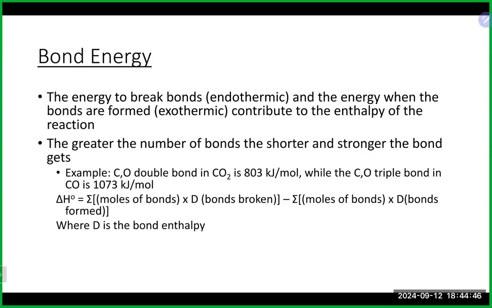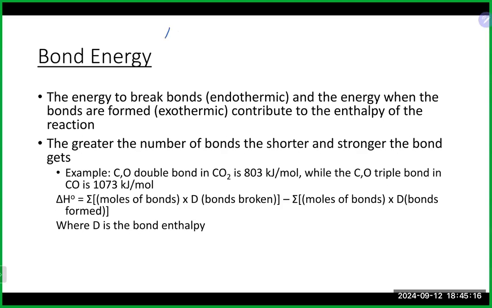A bond that's together requires an endothermic process, which means energy needs to be put in. When you put in energy, everybody gains energy and they're able to break away from each other. When you want to make a bond, everybody's moving around really fast, so they have a lot of energy. They have to release some of that energy, which slows them down and allows them to come together and make the bond. So making bonds is an exothermic process, and breaking bonds is an endothermic process.